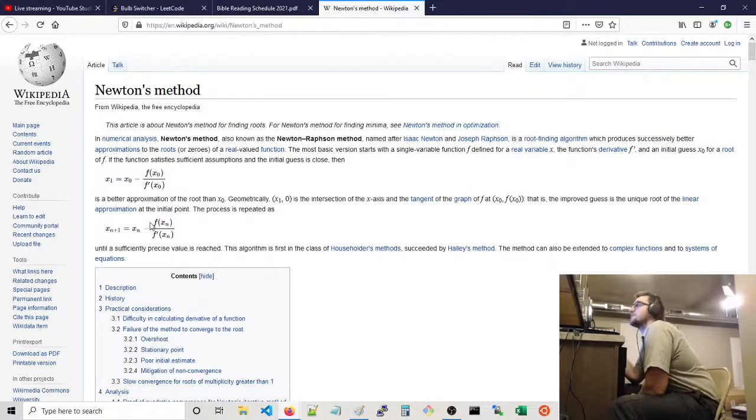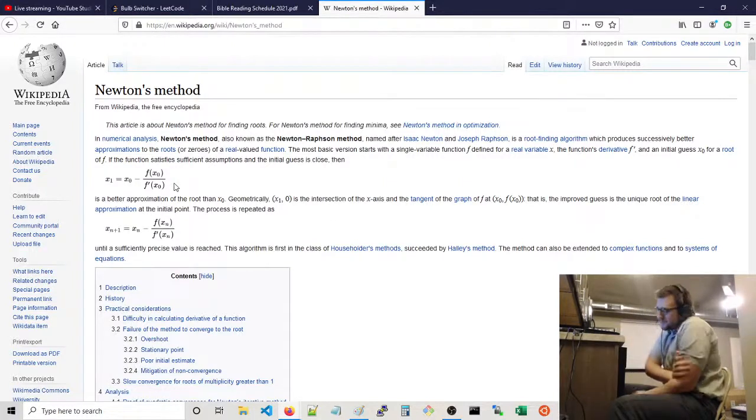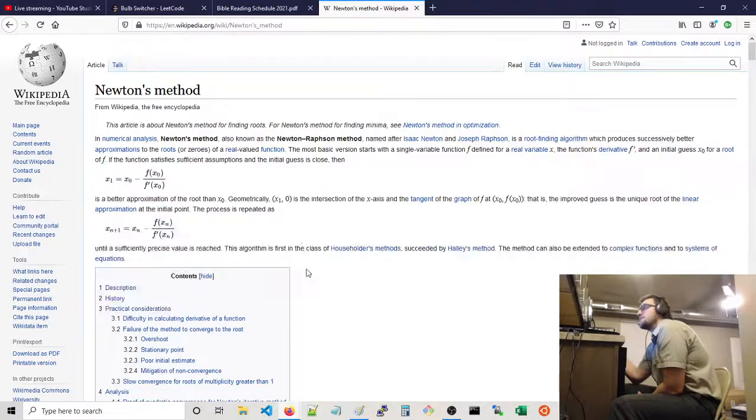So x sub 0 is an initial guess, and x sub 1 is going to be x sub 0 minus f of x sub 0 divided by the derivative of f at x sub 0. I haven't seen the proof of this, I haven't derived this for myself.